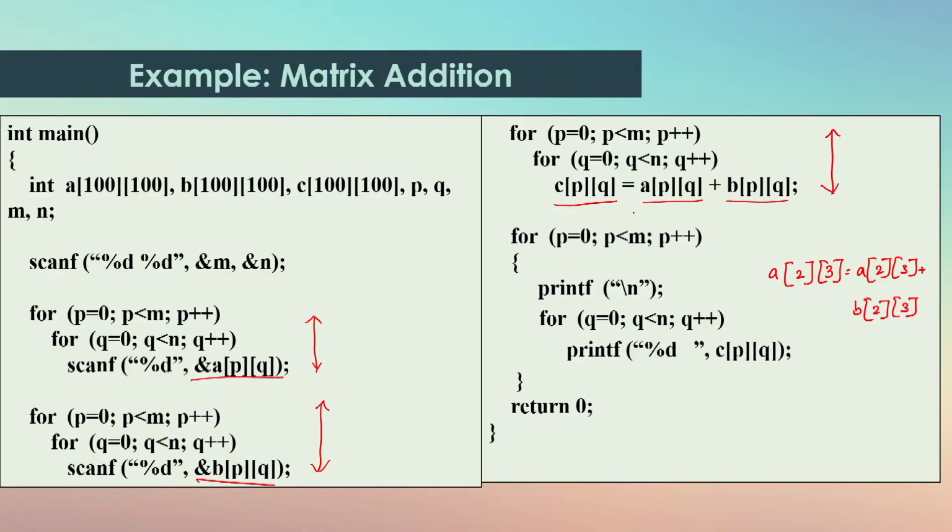After completing the addition, you would have got the values added in the C matrix. We use the same looping structure for displaying the matrix values in the form of a matrix. We use a \n character, and then use the same loop for displaying the values of the resultant matrix in C. So, this is a simple program to add two matrices and display the result in the form of a matrix structure.